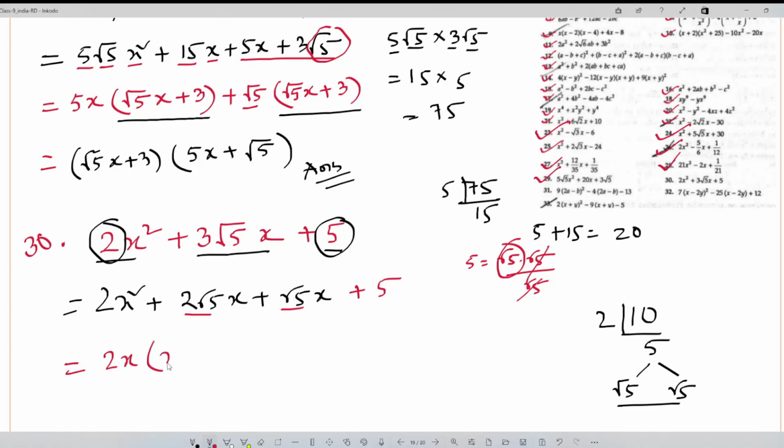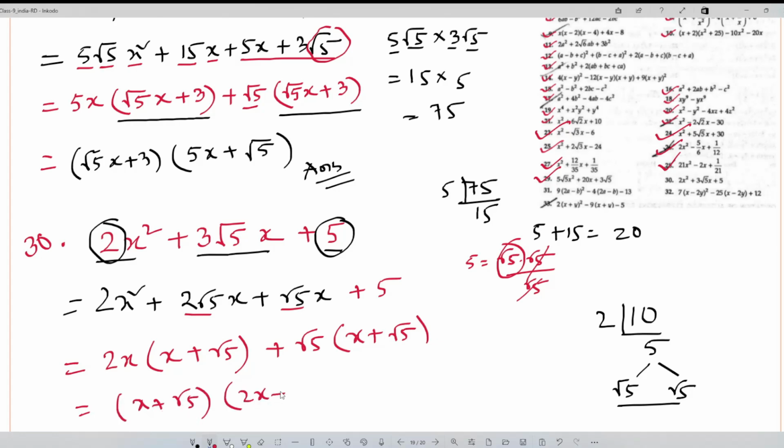So here is x plus root 5. Okay, and here we can take common root 5. So here is x plus, once we divide 5 by root 5, root 5 will be the answer. So our answer is x plus root 5 times 2x plus root 5. Okay, this is our answer.